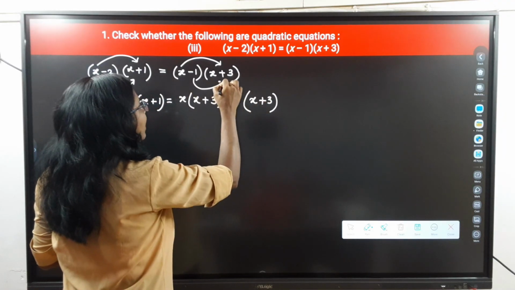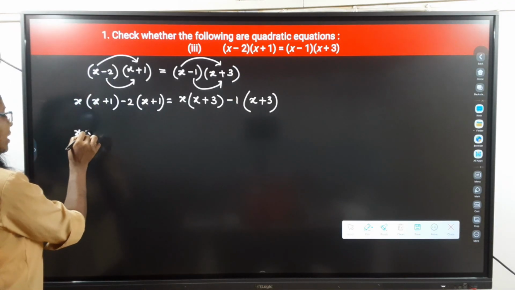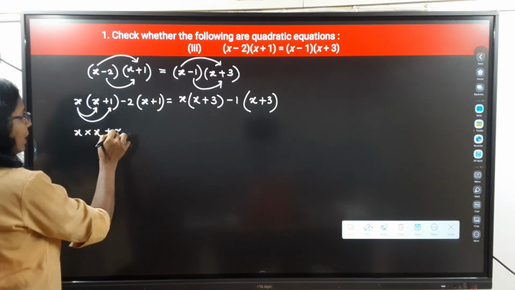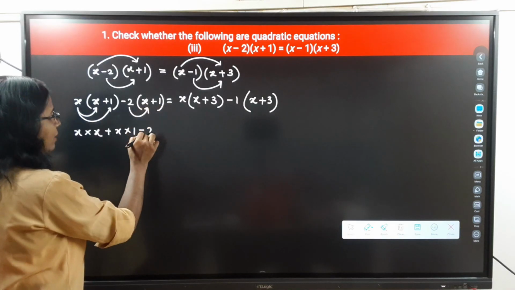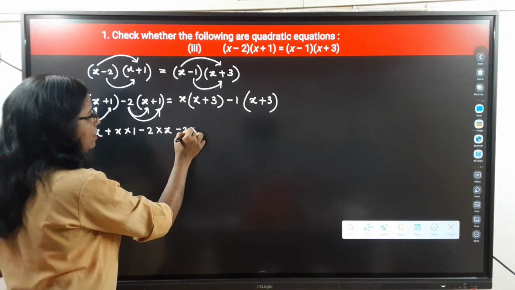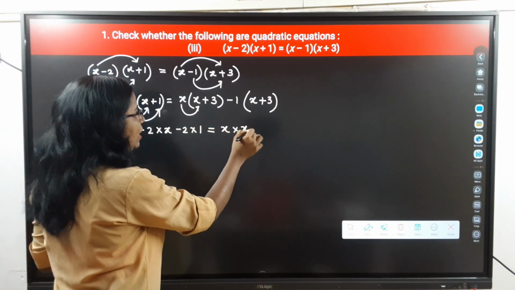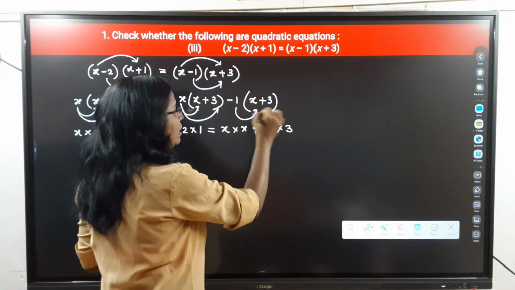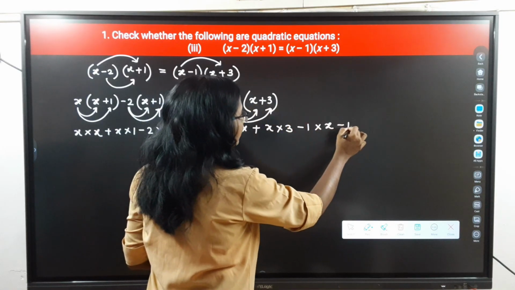Then further simplify: x multiply x, x multiply 1, minus 2 multiply x, minus 2 multiply 1, equal to x multiply x plus x multiply 3, minus 1 multiply x and minus 1 multiply 3.